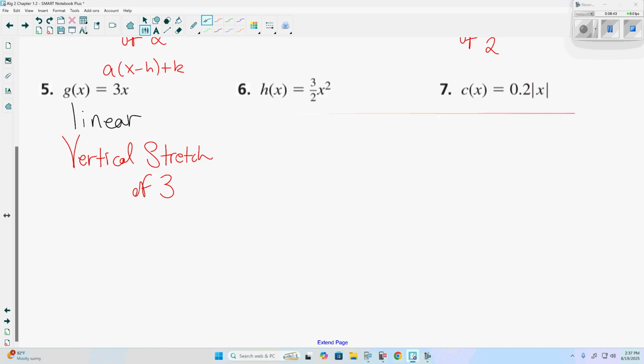Number 6. H of x equals 3/2 x squared. This would be quadratic. H and k, do we have a value for either?